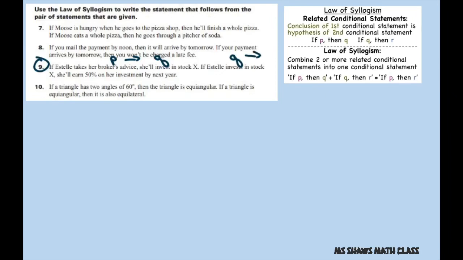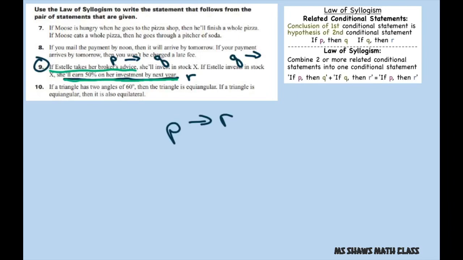If Q, then R. This is your R. And we want to write if P, then R. So what you're going to write is this statement. If she takes her broker's advice, then your R is going to be she'll earn 50% of her investment by next year.